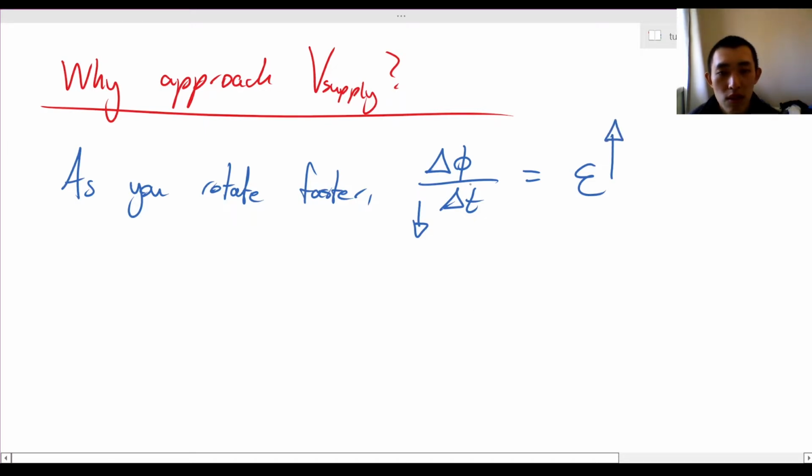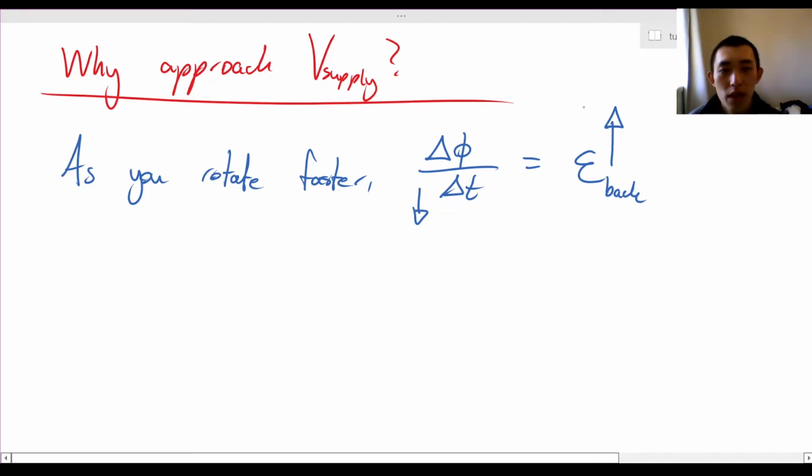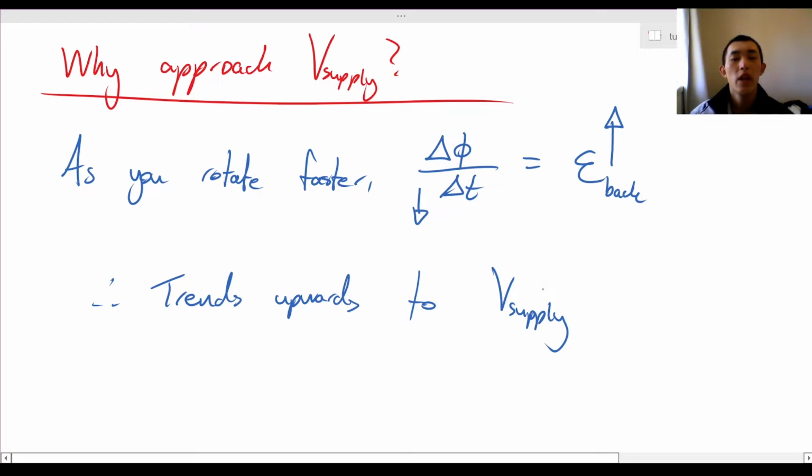So because we're increasing our back EMF, we approach V supply. Therefore, it trends upwards to V supply. Okay, so that's the first part.